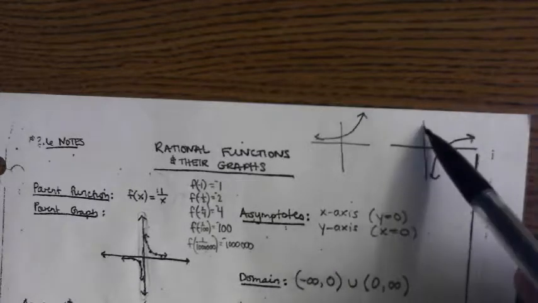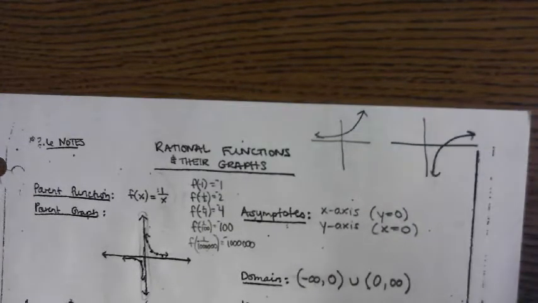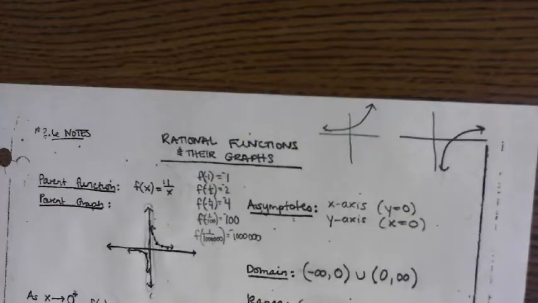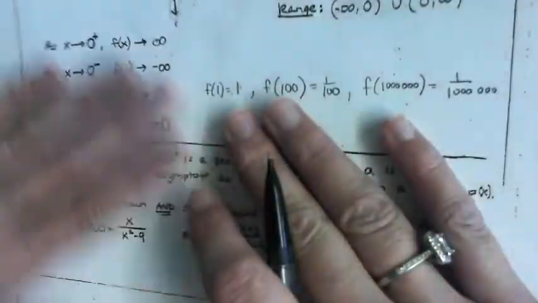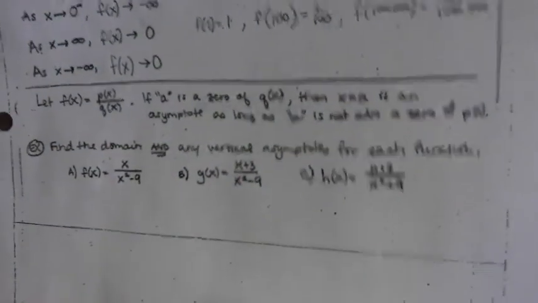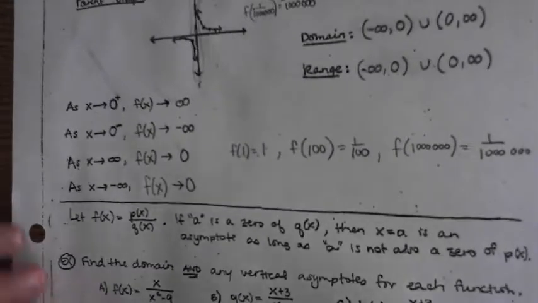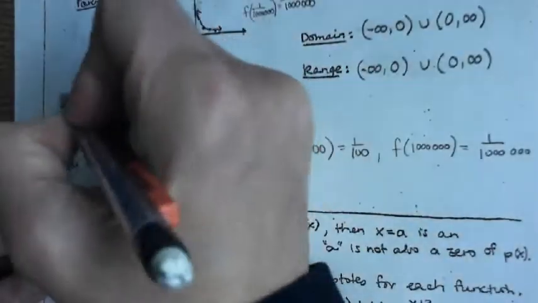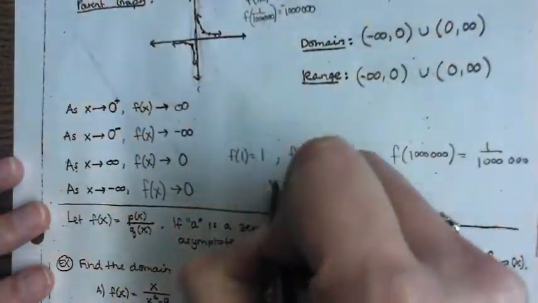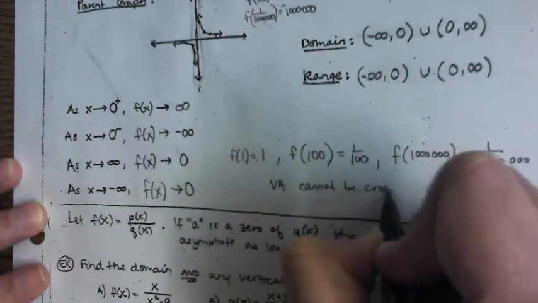And just like we said with our vertical asymptote, as this one approaches the vertical asymptote, we shoot off towards a negative infinity. And that's what happens. So that's just a general rule about asymptotes and what they do. I know you guys probably haven't seen this yet, but just for the record, vertical asymptotes, I'll write it, cannot be crossed.